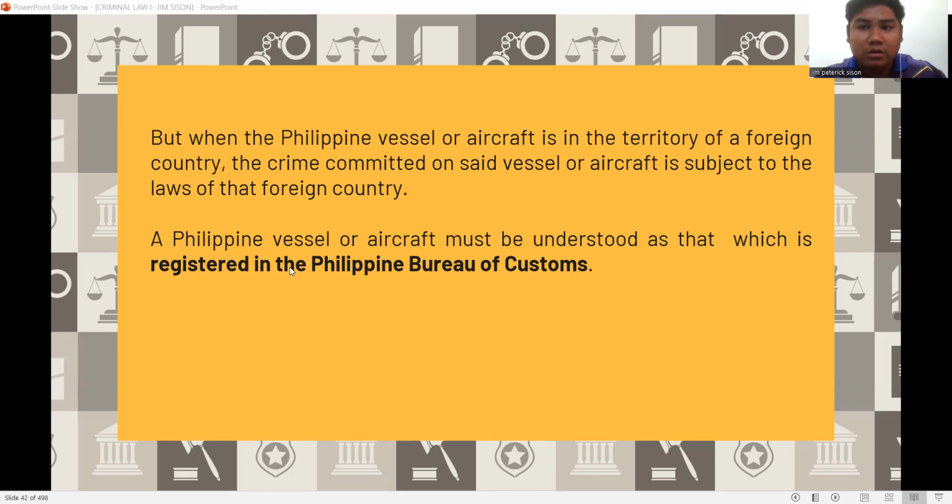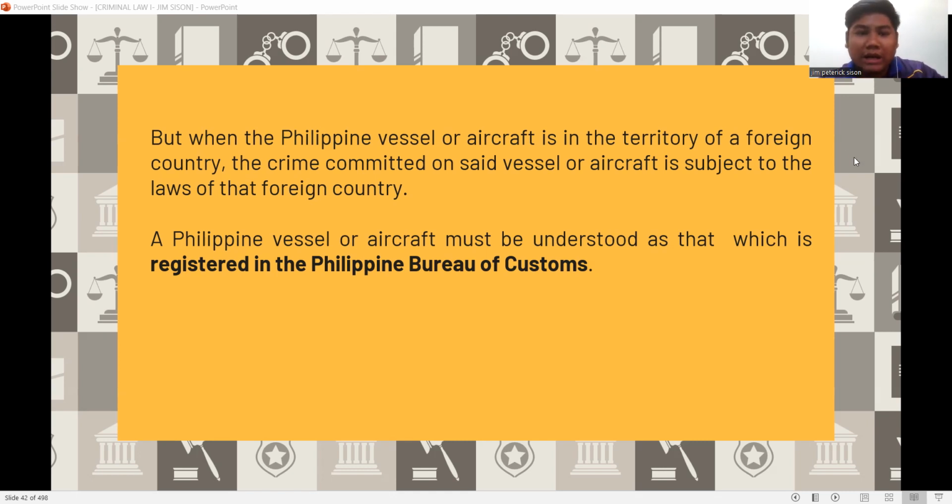But take note of this: when the Philippine vessel or aircraft is in the territory of a foreign country, let's just say inside the territory of the United States of America or in Canada, the crime committed on said vessel or aircraft is subject to the laws of that foreign country. This is the exception. If the Philippine ship or airship is already in a foreign country, it is subject to the laws of that foreign country, not of the Philippines.